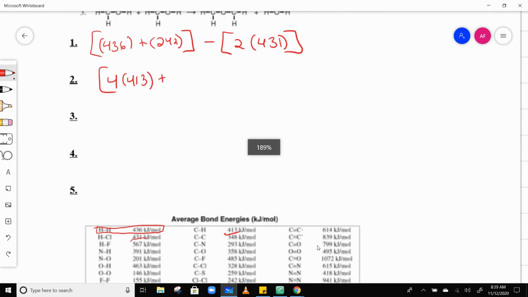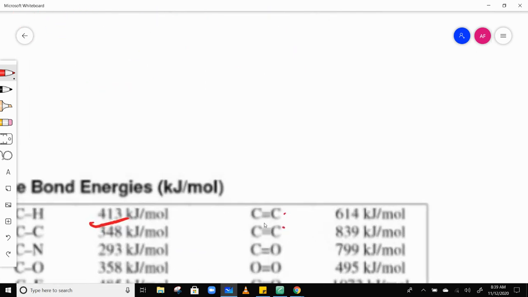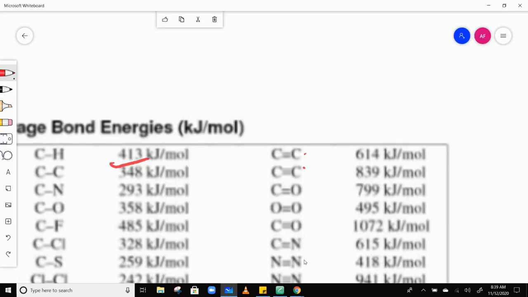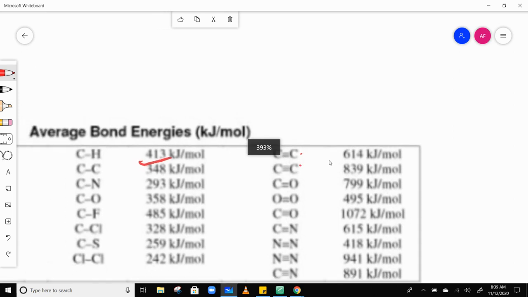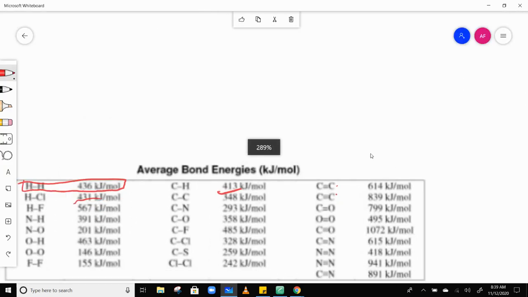If I zoom in really closely, you can see it's blurry, but there's 1, 2, 3, and this one has 1, 2. Okay, you also notice that the more bonds you have, the higher the energy. So if two look the same to you, like for example here, N, N, and N, N, this is double, this is triple. Okay, so just keep that in mind. So C double bond is 614.